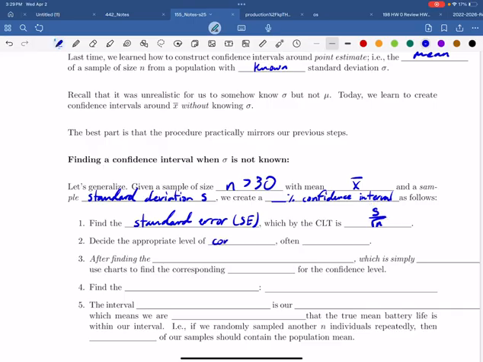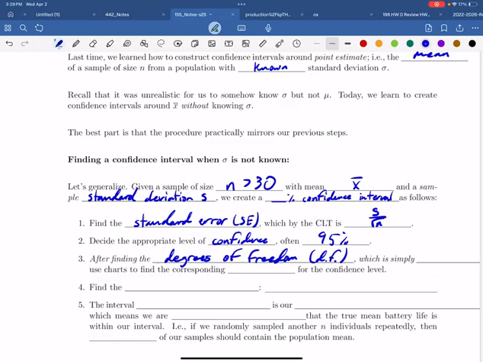Then we decide on the appropriate level of confidence, which is often 95%, but it could vary. Often the problem will just give it to you. Anyway, after finding the degrees of freedom, what's going on here? We're using a distribution called the student's t distribution, which is different from the normal distribution.